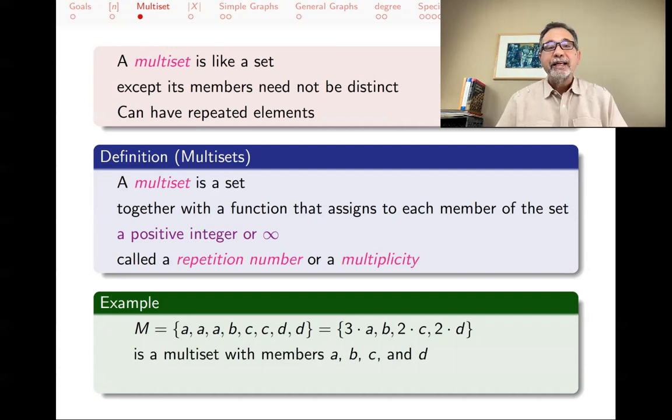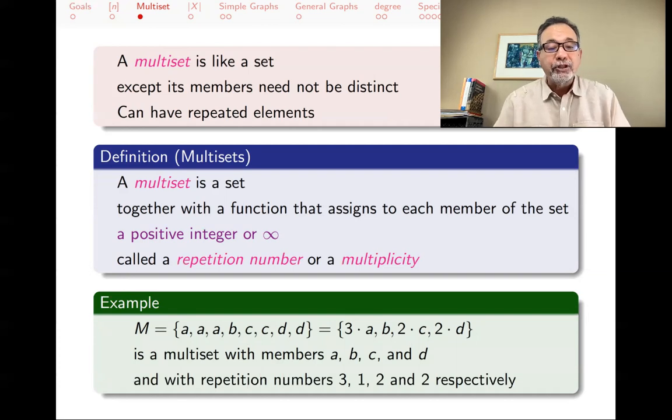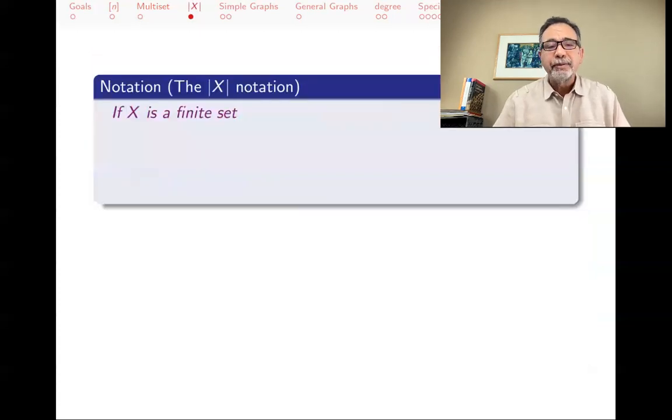Its members are A, B, C, and D, but they have repetition numbers 3, 1, 2, 2, respectively. So that means that A is repeated 3 times. And again, sometimes we want a repetition number of infinity.